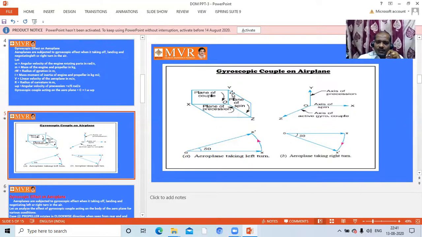On the y-axis, we are going to have the axis of precession. It is clearly explained in this line diagram. Next, the axis of the gyroscopic couple is on the z-axis, and the axis of spin is on the x-axis. So these three things you have to remember.